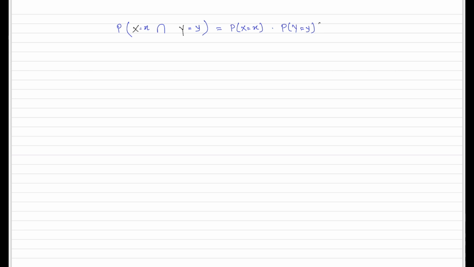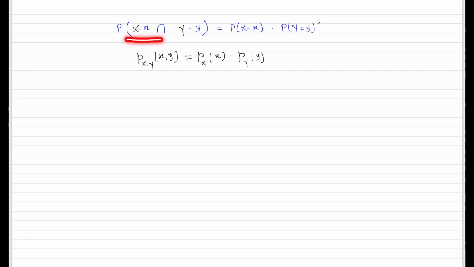If I have to write the same thing in terms of the PMF notation, we are talking about the random variables X and Y, and the happening of these two events simultaneously will be equal to the product of their individual PMFs. So the marginal PMF of X times the marginal PMF of Y.